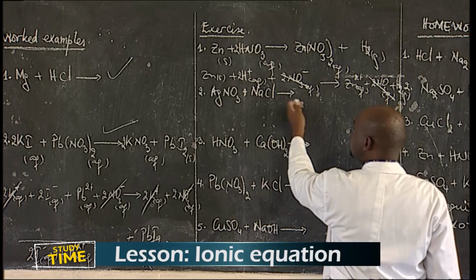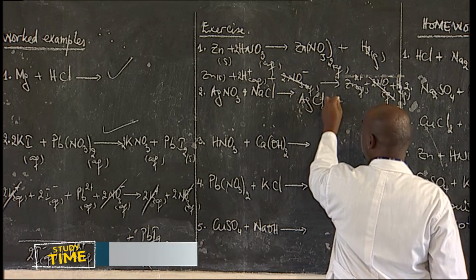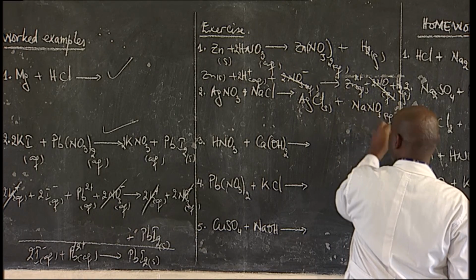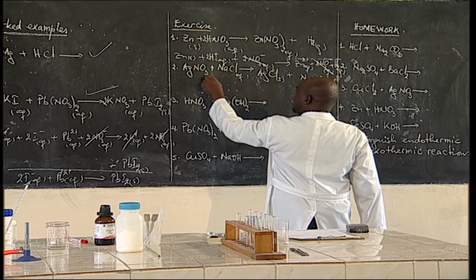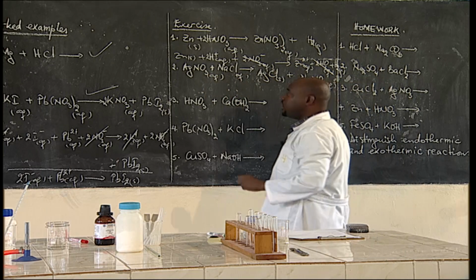What happens with silver nitrate and sodium chloride? We have silver chloride, which is solid, and sodium nitrate, which is aqueous. The reactants are aqueous because both substances are soluble in water.